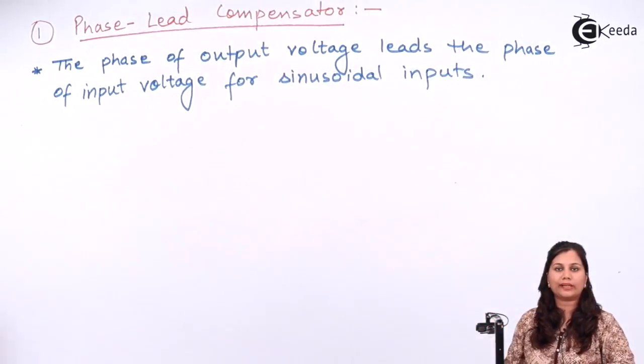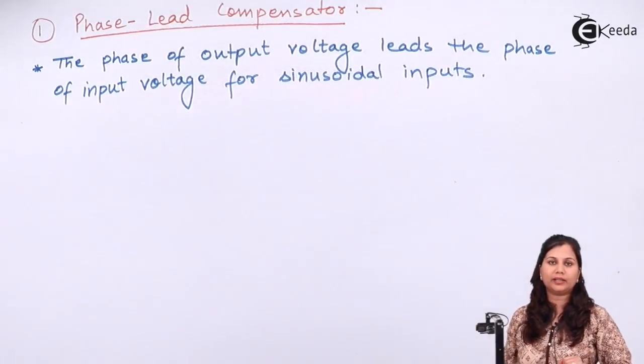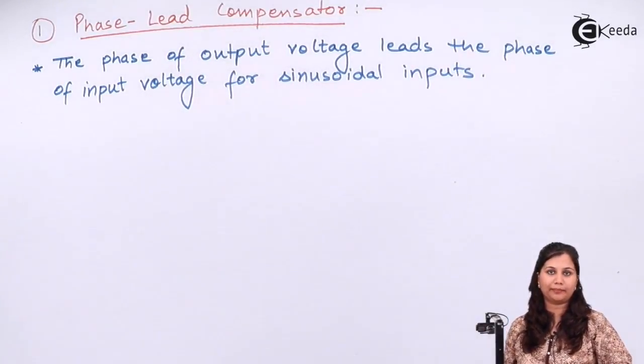It means that whenever we apply a sinusoidal input to the phase lead compensator or phase lead network, the phase of the output voltage will lead the phase of the input voltage.